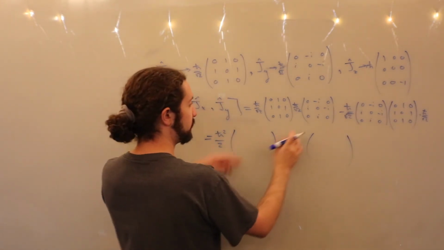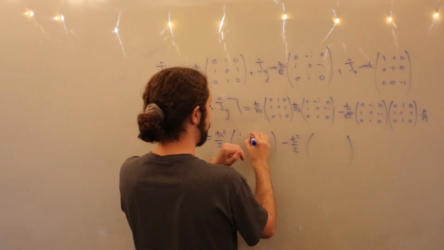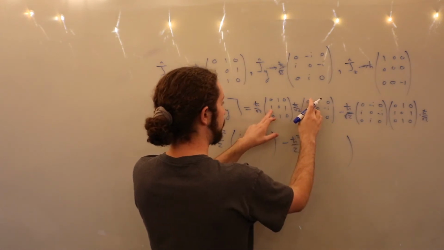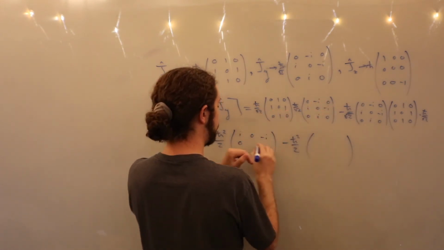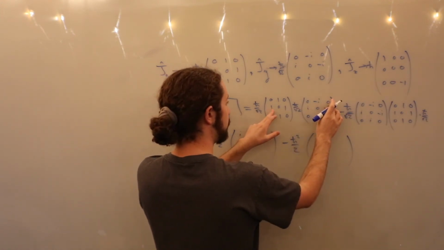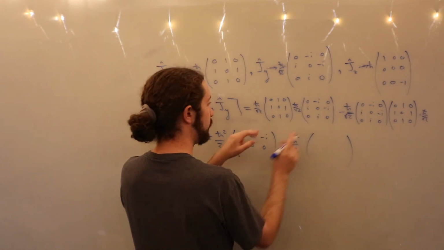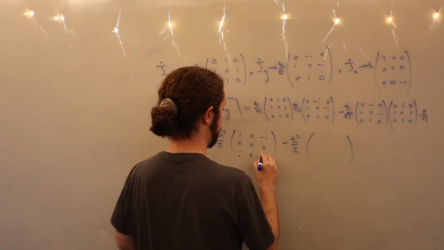So let's figure out the first one. 0, i, 0, it's just going to be i, 0, negative i, 0, negative i plus i is 0, 0, i, 0, negative i.